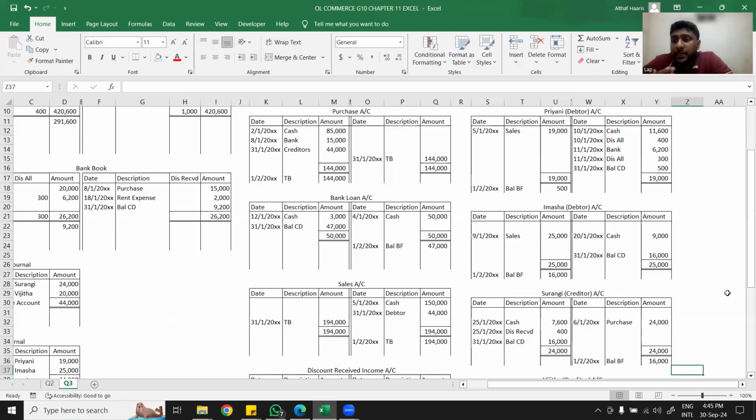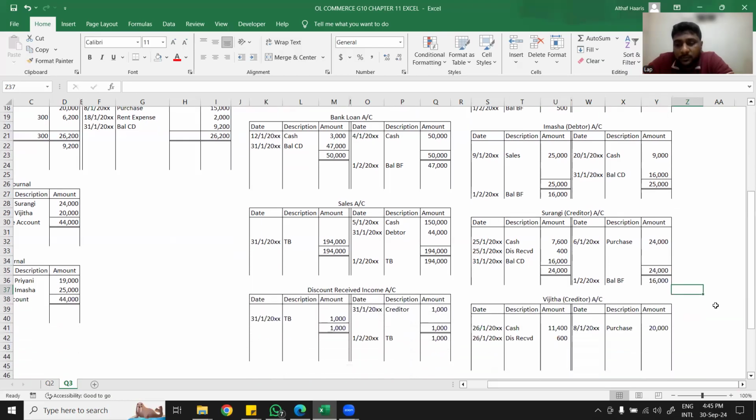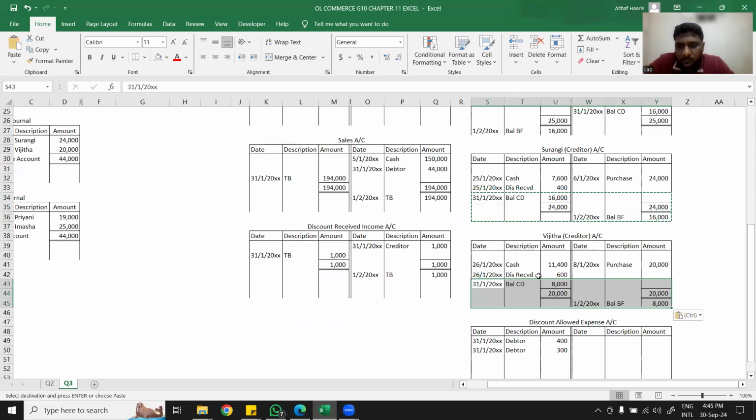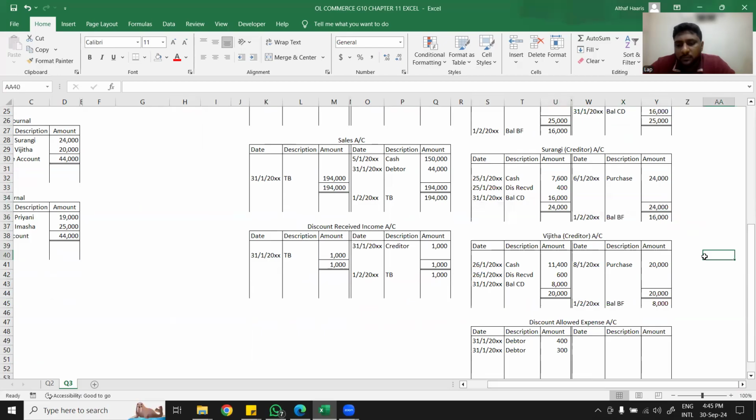So Suranga, creditor, creditors, liability, have BCD, BBF. Vijita, 8,000. Discount allowed is an expense.